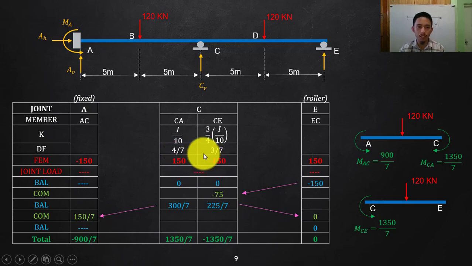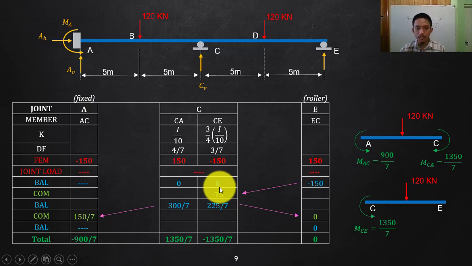So this is originally in equilibrium. Joint C is originally in equilibrium, so there is nothing to be balanced. The balance of that is 0. In here, I put a dash. It means you do not need to be balancing since that is a fixed support. But in here, if ever there is an excess, you need to balance that.